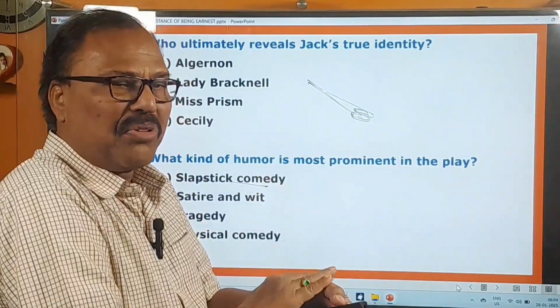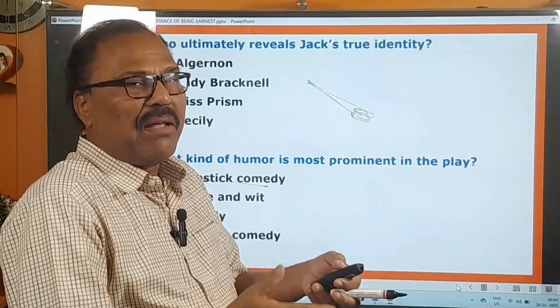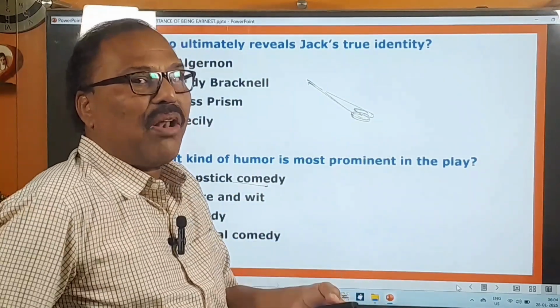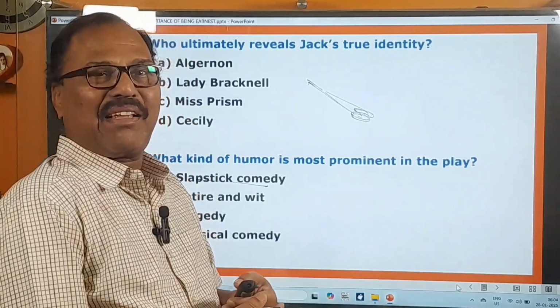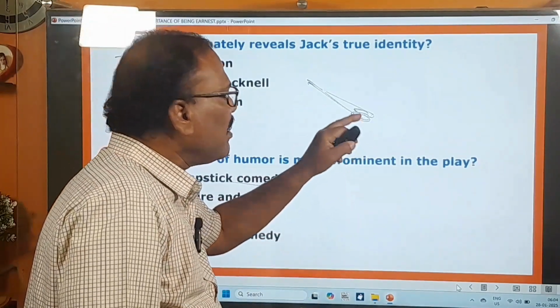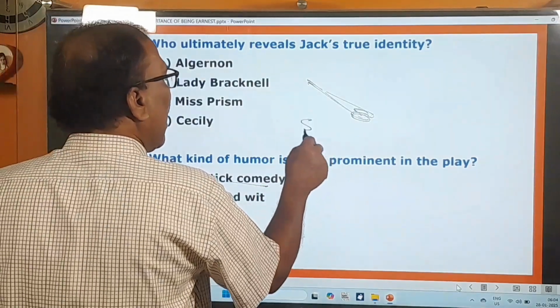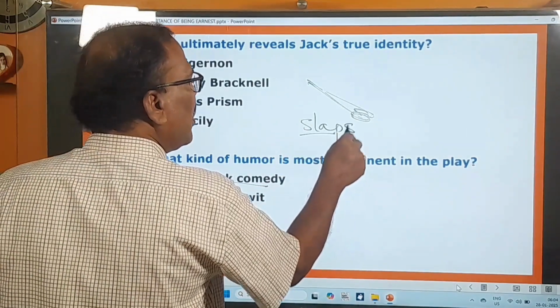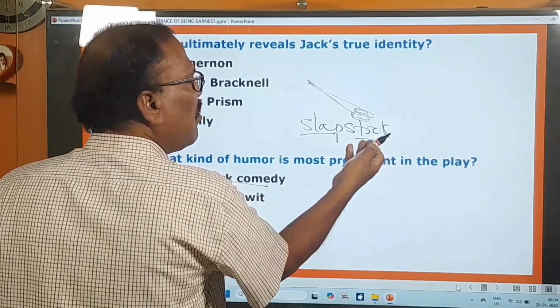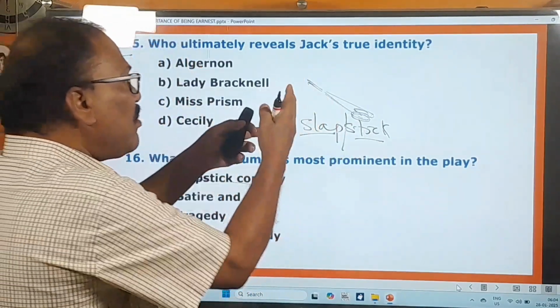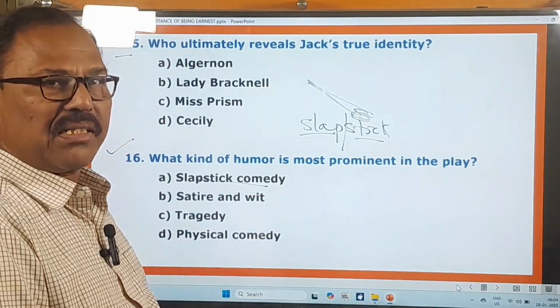It doesn't harm the person, but it will create some big sound, and then the other clown will react, so like that he will be saying. So this is called slapstick. Slap means beating. Stick, you know very well. Beating stick. So that's why you can find this only in the circuses and all that.